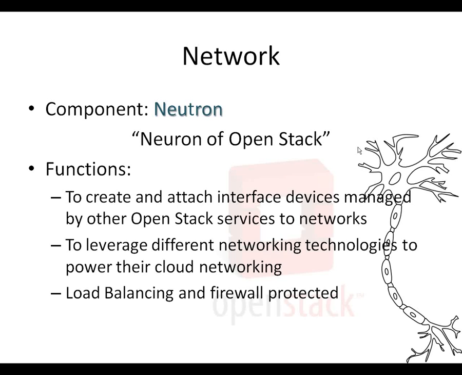If you need a user group communication, within a user group or across user groups, you need a tenant. So through that, you just need a VLAN to be there. So there are two models: one is a flat DHCP model, and the next is a VLAN model.